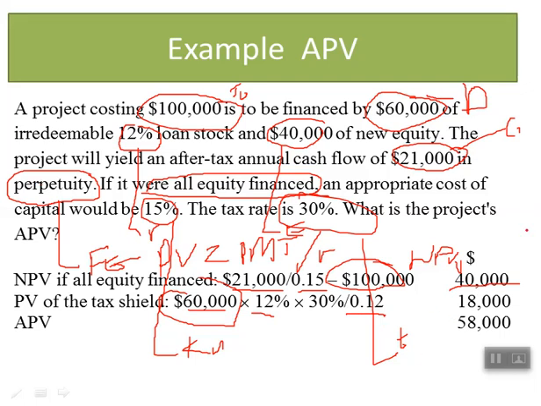So our adjusted present value will be the net present value of the base business plus the present value of the debt tax shield. Then you get 58. This is the 58,000.